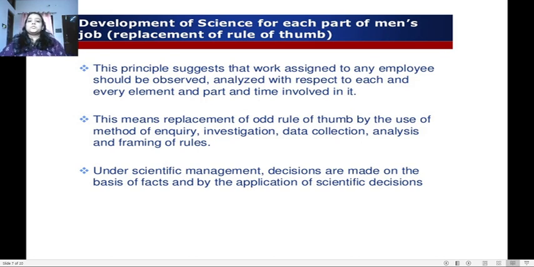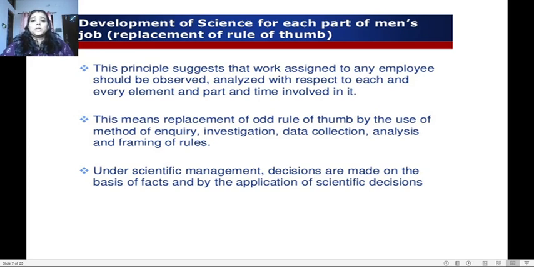Under scientific management, decisions are made on the basis of fact and by application of scientific methods. So whatever observation is done, on that basis the principles or facts are applied and those decisions are being taken care of, right?